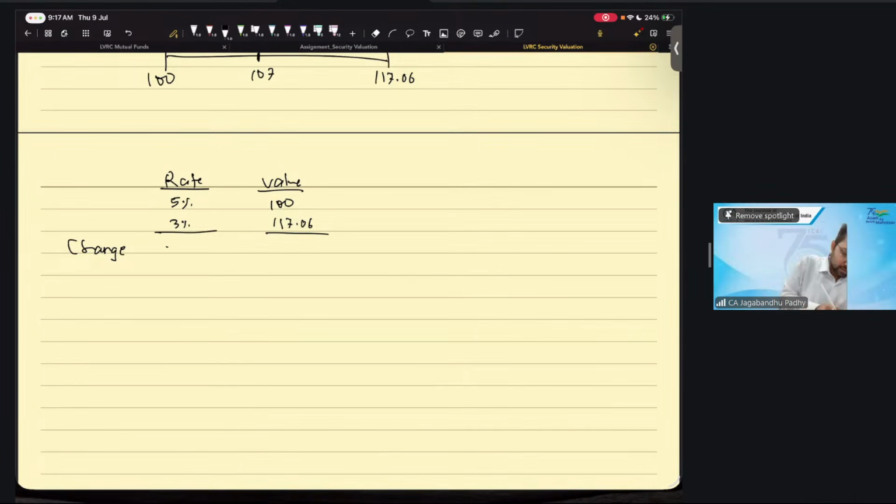Rate has reduced by 2%, so the value increased by 17.06. When the rate reduces by 2%, the value increases by 17.06 rupees.